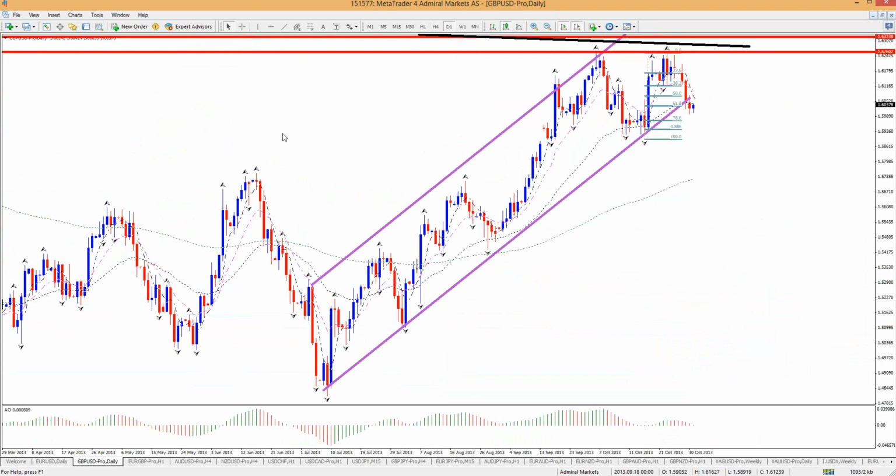That could really mean that it's just pausing, catching its breath to find enough energy to break through that weekly resistance, or it's just struggling and it's going to crack to the downside.